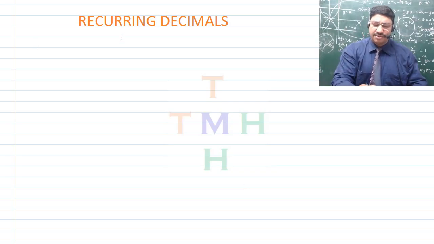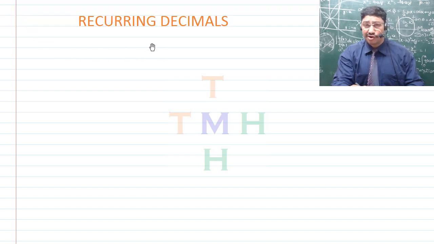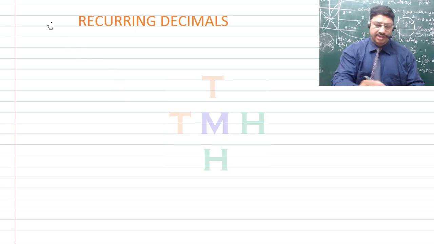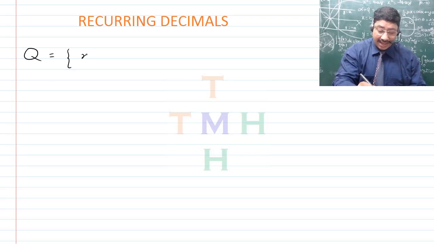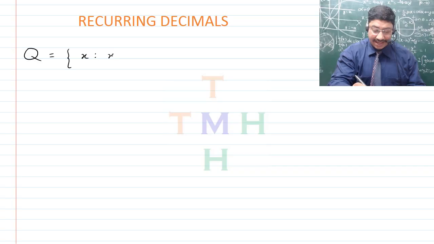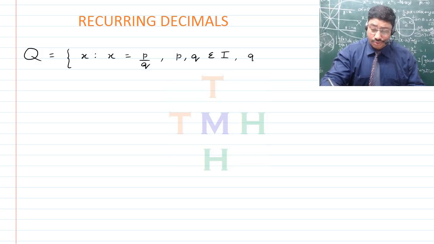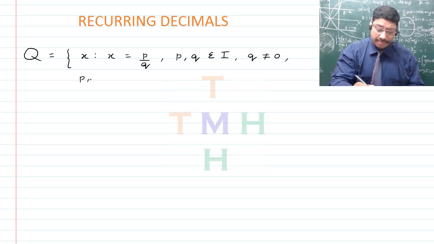Okay. So remember children that whenever we talk about recurring decimals, it's actually a type of a rational number, right? So what is a rational number? So whenever we have a set which is something like this, that Q is equal to x such that x is equal to p upon q, where p and q are from the set of integers, q is never equal to 0, and further p and q are coprime.